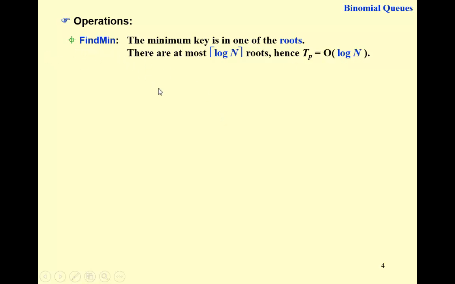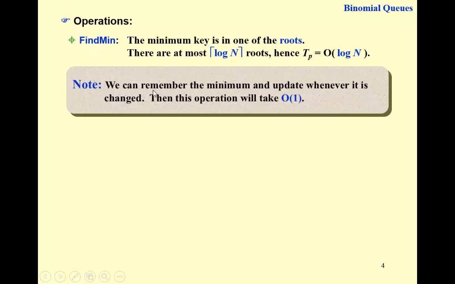And another way to do this is that we can remember the minimum and update it whenever it is changed. Then this operation will take only a constant time. What does it mean? That means we can take some extra space to use another variable to simply store the minimum key and its position.